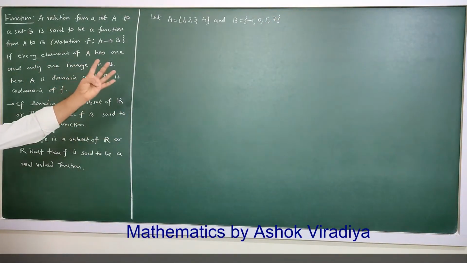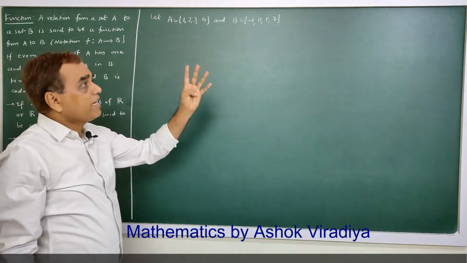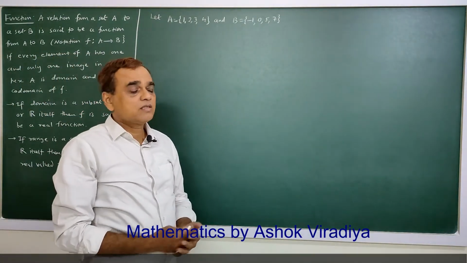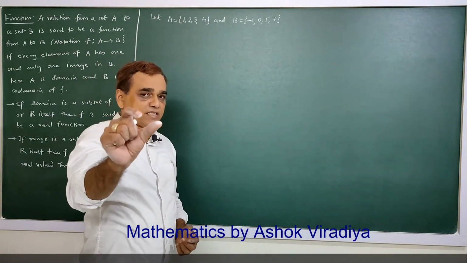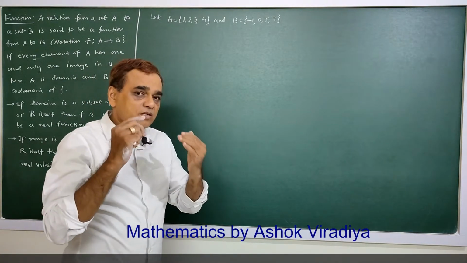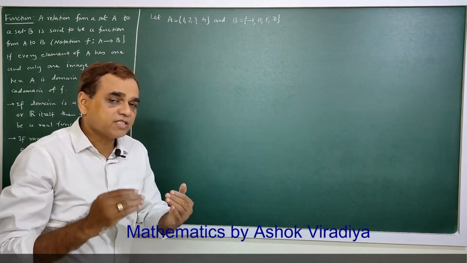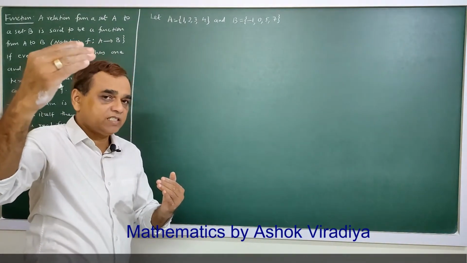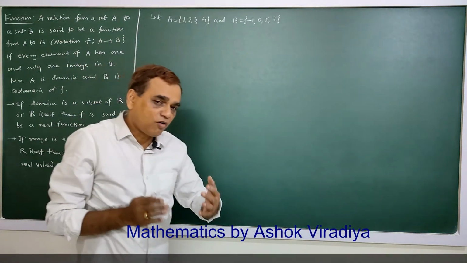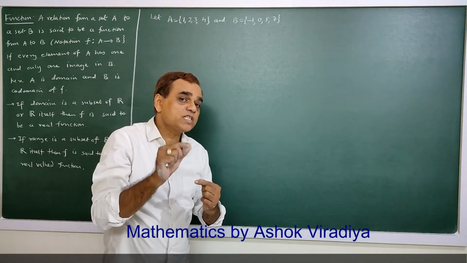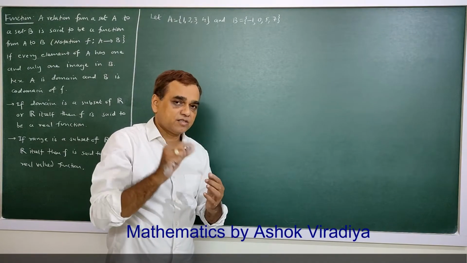A has 4 elements, B has 4 elements. So A cross B has 16 elements. So the number of subsets is 2 raised to 16, a very large number. So we can form 2 raised to 16 relations.